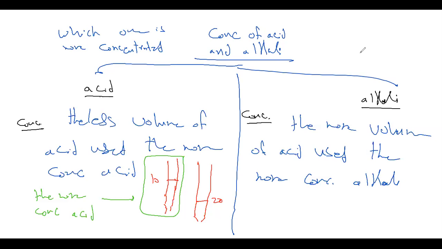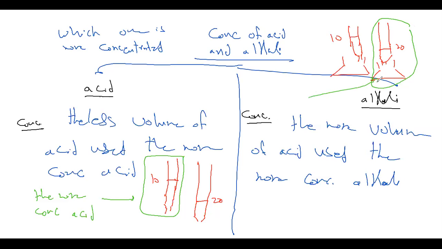In the other one, for the alkalis, if you have it like that, this 10 and this 20, the more volume of acid used, the more concentrated the alkali.